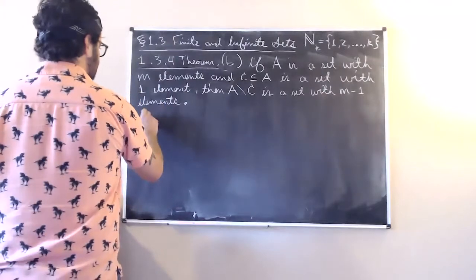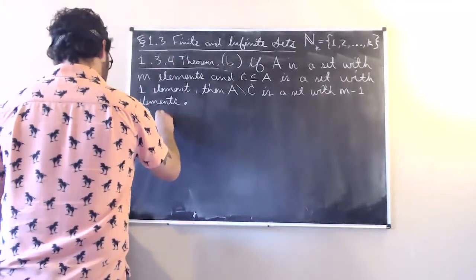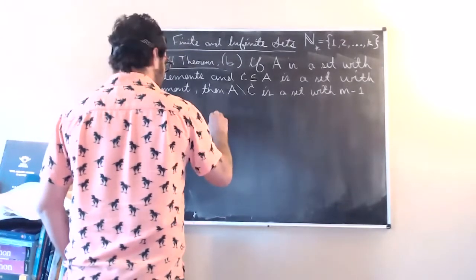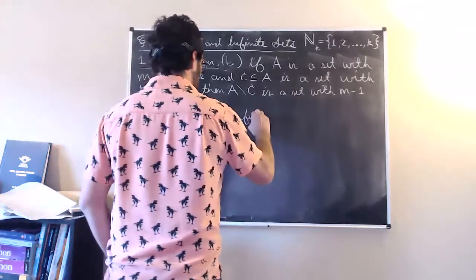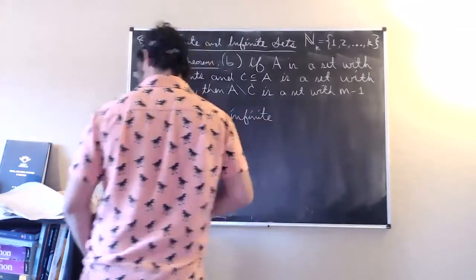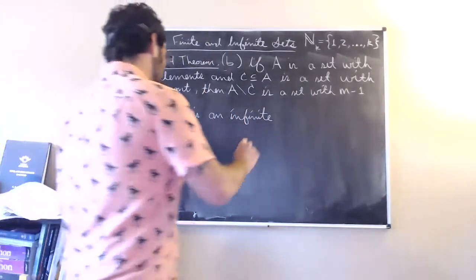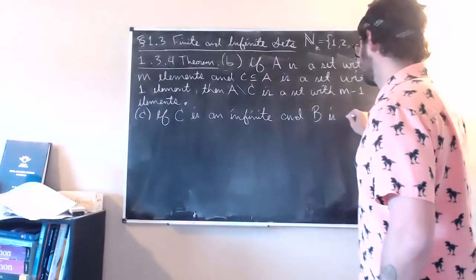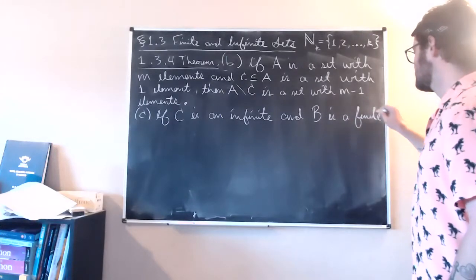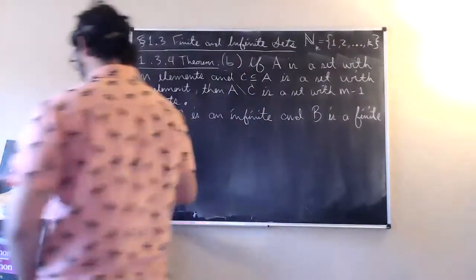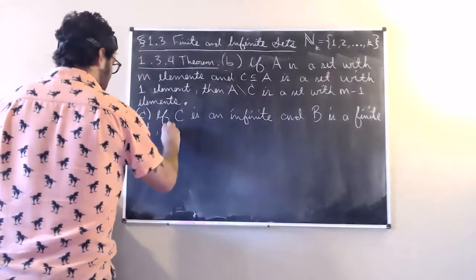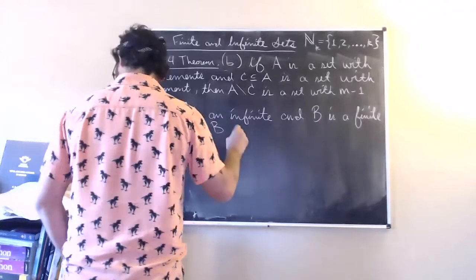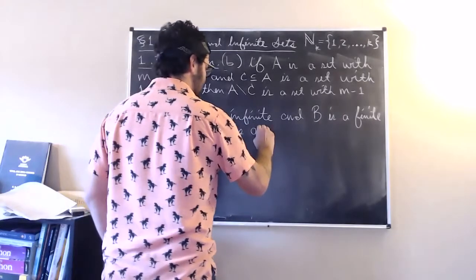Okay, and then part C, if C is an infinite set, and B is a finite set, then C set difference B is an infinite set.